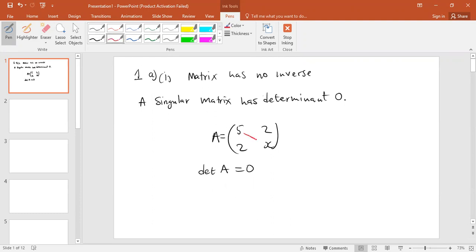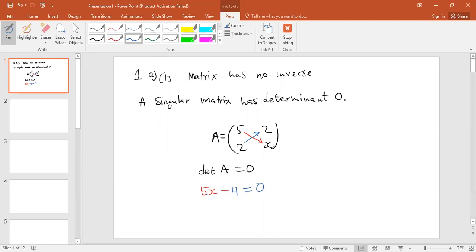We multiply the major diagonal, so that what we get is 5 times x, which is 5x, minus the minor diagonal, 2 times 2, which gives us 4.